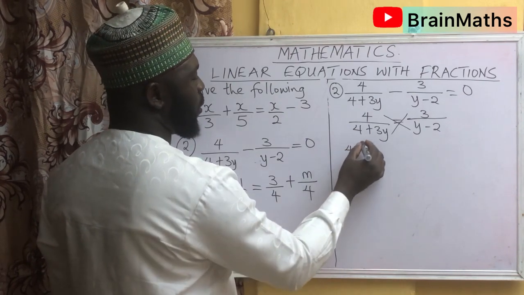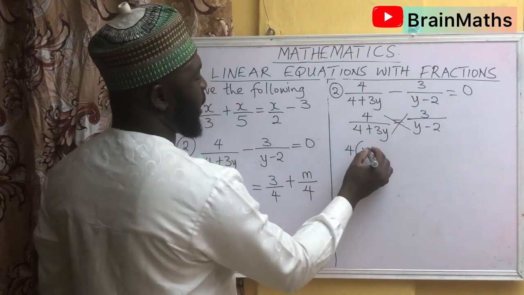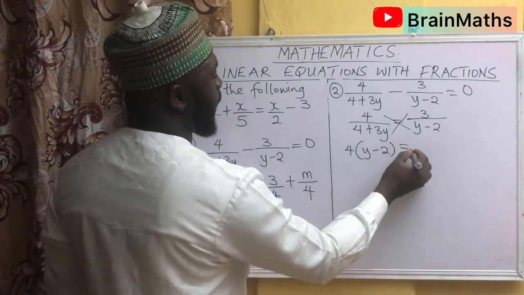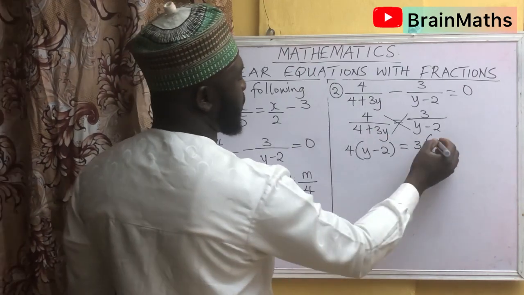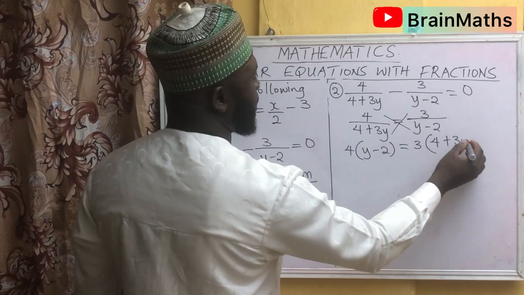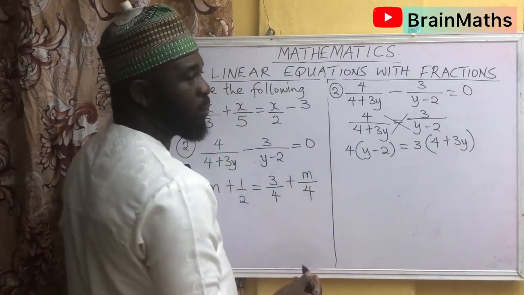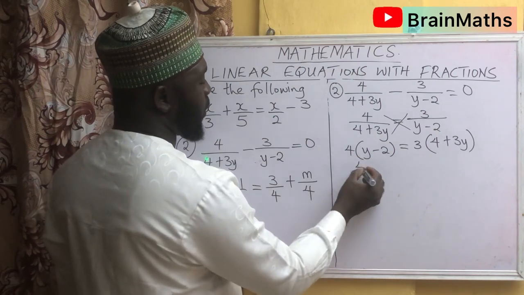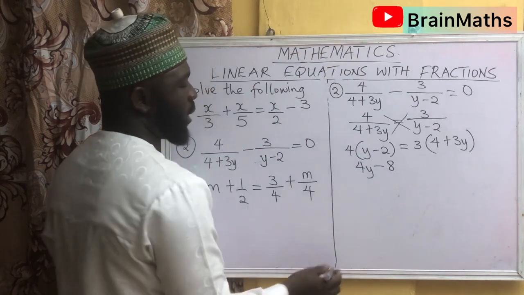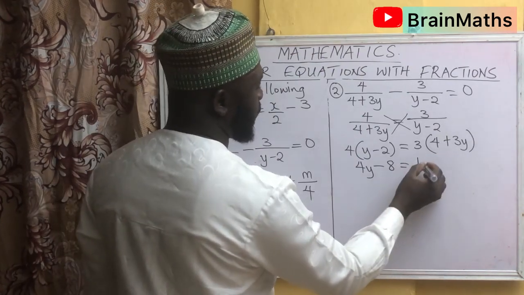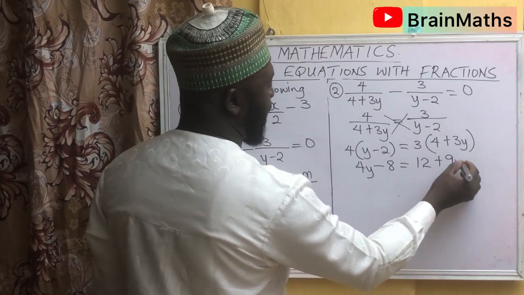So we have 4 on the left hand side multiplying the denominator on the right hand side, y minus 2 equals 3 on the right hand side multiplying the denominator on the left hand side, 4 plus 3y. The next thing is to open the brackets. So we have 4 times y to give 4y, 4 times minus 2 to give minus 8, and 3 times 4 to give 12, while 3 times plus 3y to give plus 9y.